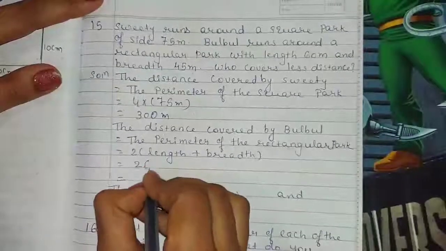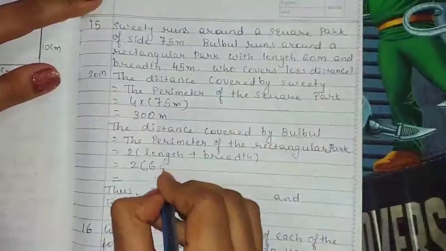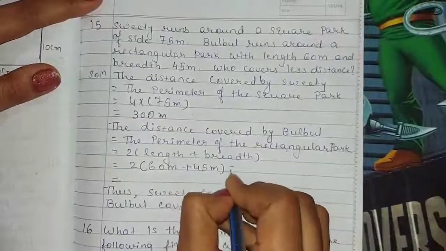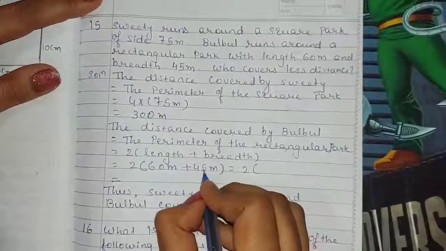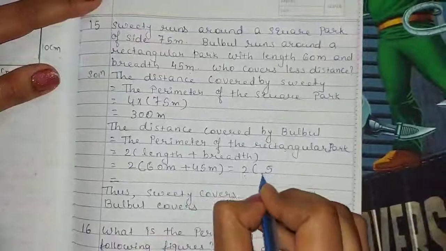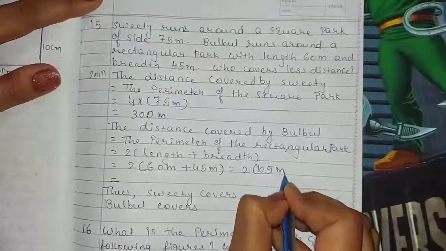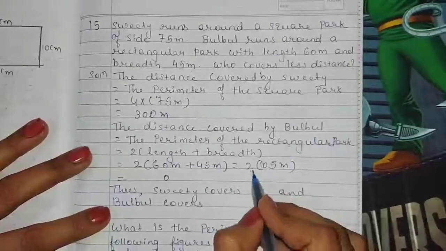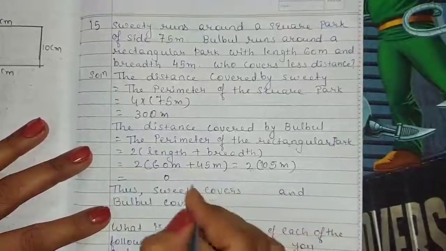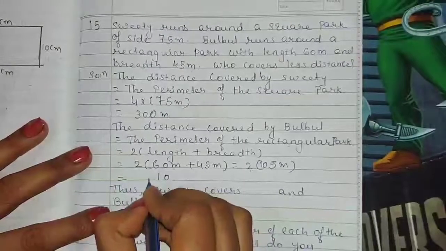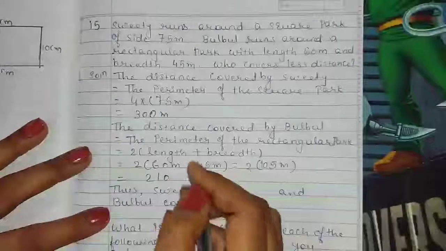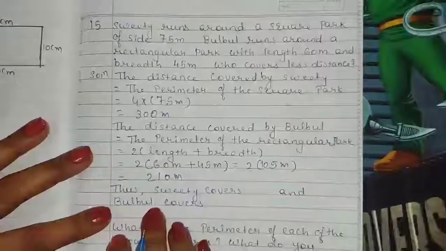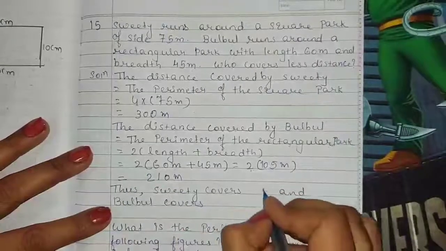So here 2 into length, 60 meter, plus breadth, 45 meter. 5 plus 0 is 5 and 6 plus 4 is 10, so 105 meter. 2 times 105: 2 5s are 10, 2 zeros are 0 plus 1, and 2 1s are 2, so 210 meter.